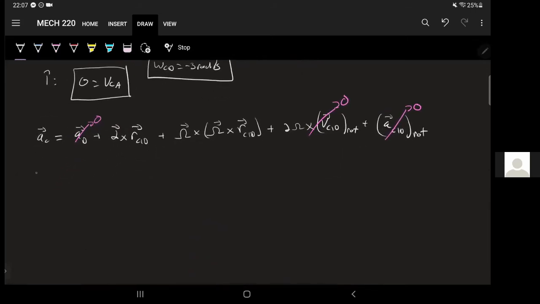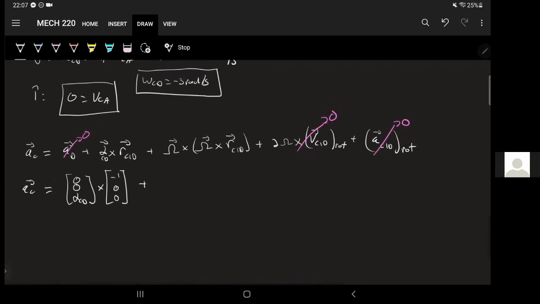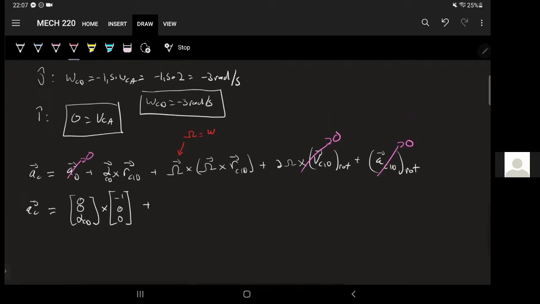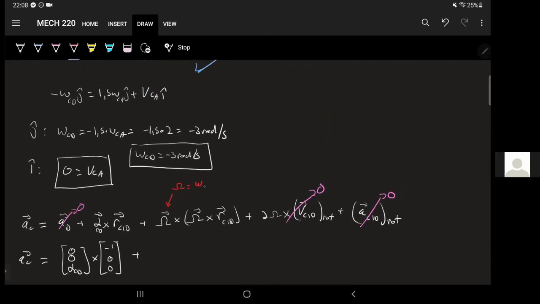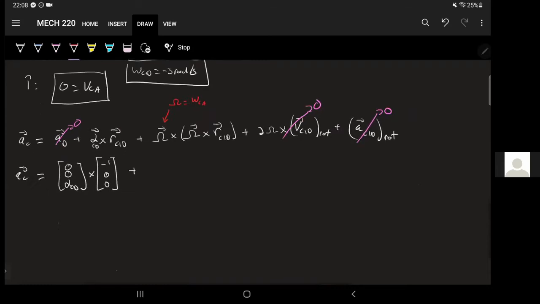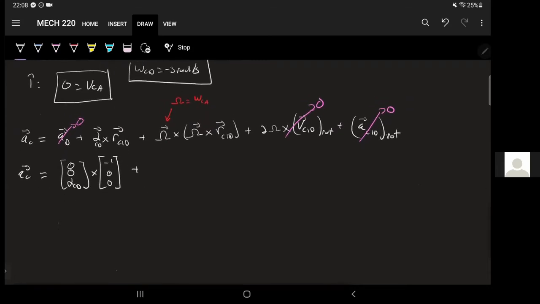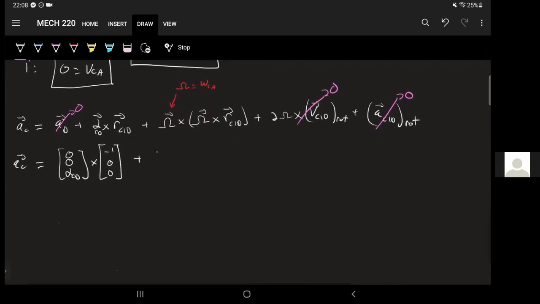Therefore, we have AC is going to be equal to 0, 0. So once again, this is the CD one, cross minus 1, 0, 0, plus this one here, that's going to be the same one as omega CA, which is the one of the rotating frame.